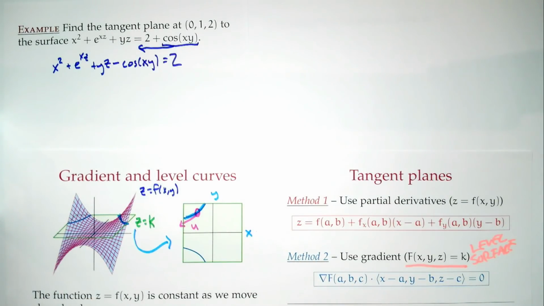So rewrite it so that it's in the form function of x, y, z equals a constant. It doesn't matter what the constant is. It just needs to equal a constant. So it's okay to leave the 2 on the other side. We don't have to move the 2 across. Whether you move it across or don't, it won't make any difference to the rest of the work involved. All right.